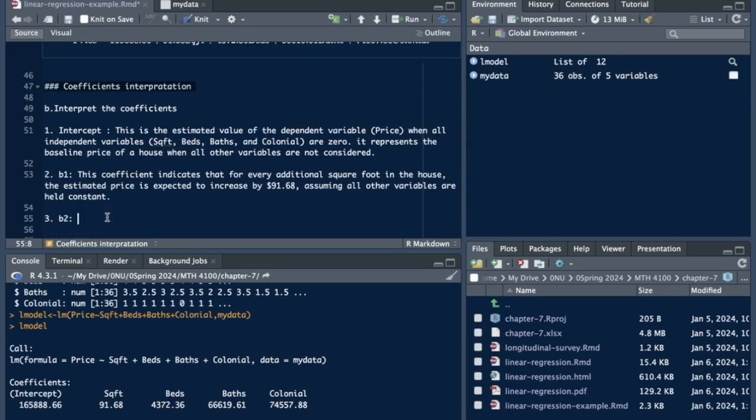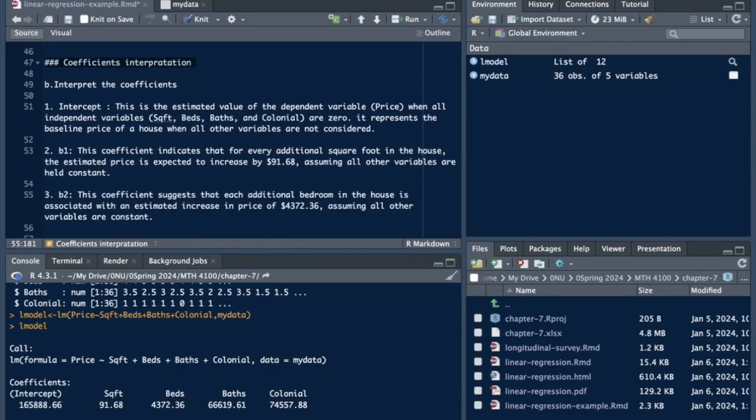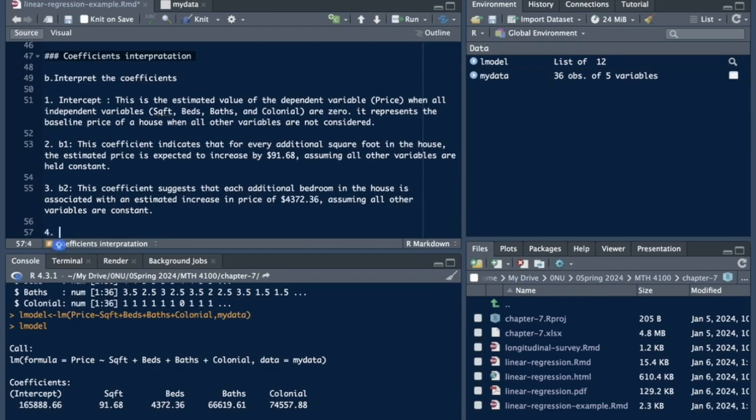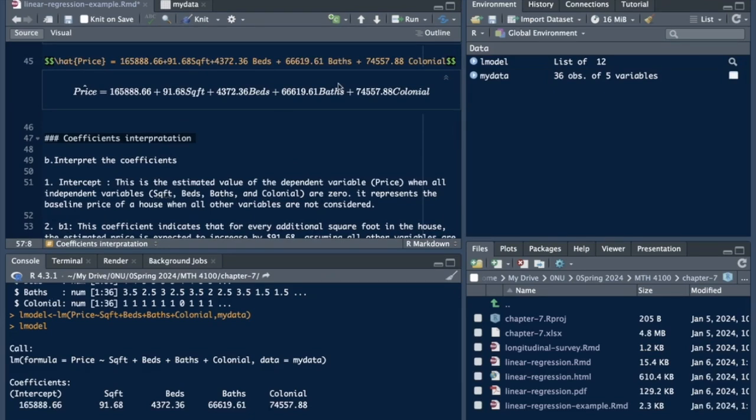Next, what is B4? No, this is B3. Let's go to B3. B3 is about baths now. Each additional bathroom is associated with an increase in price of $66,619, assuming all other variables to be constant.